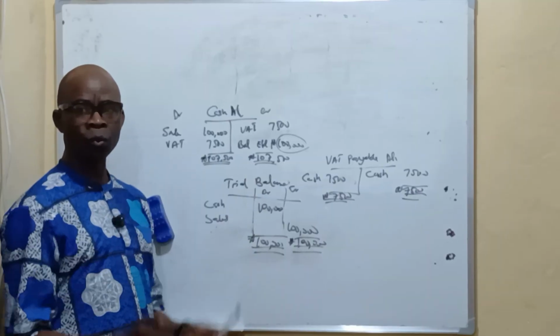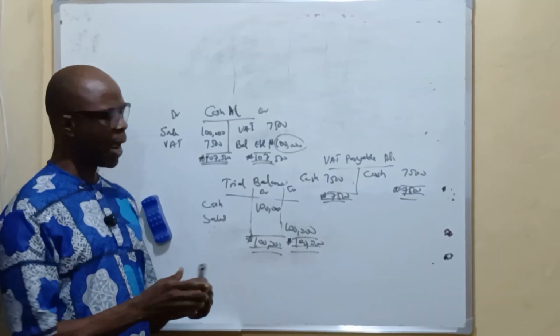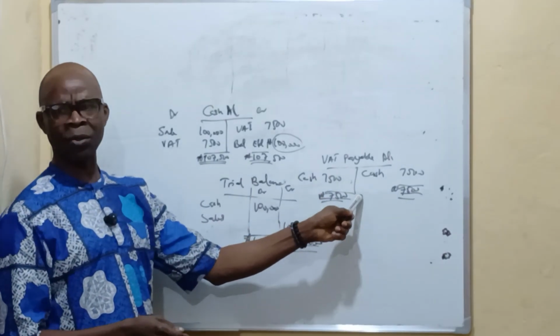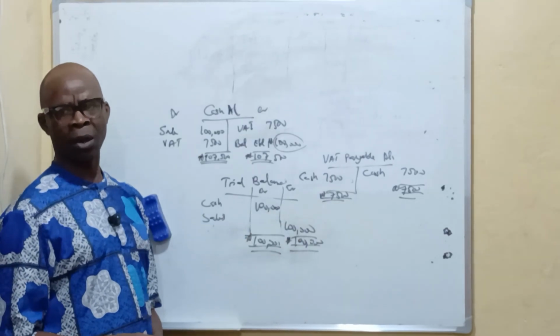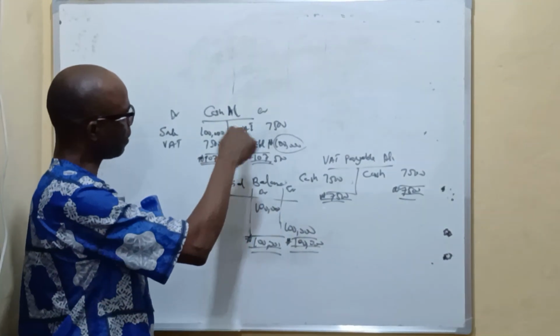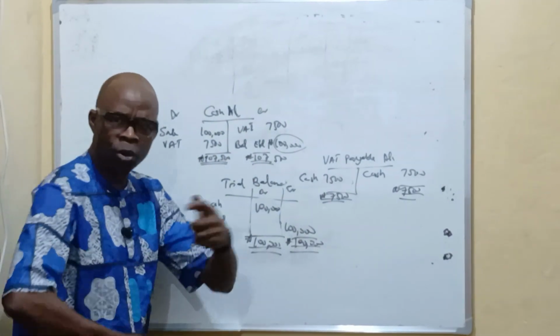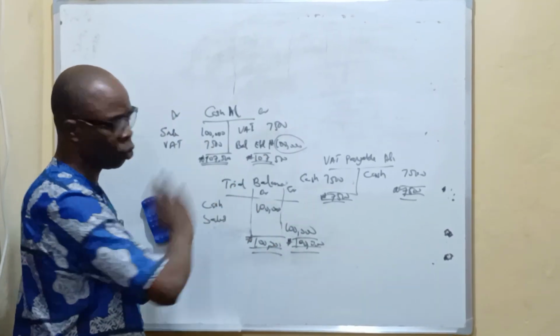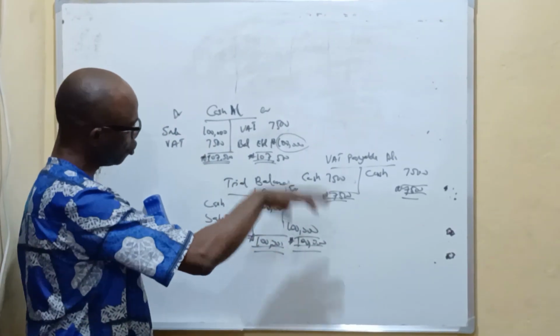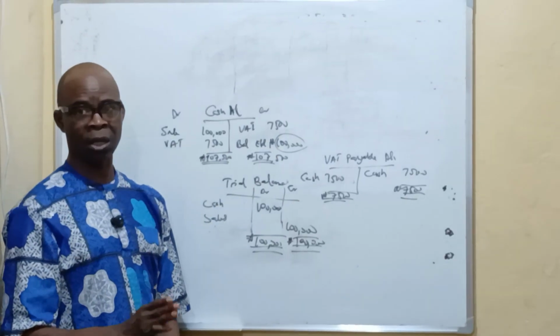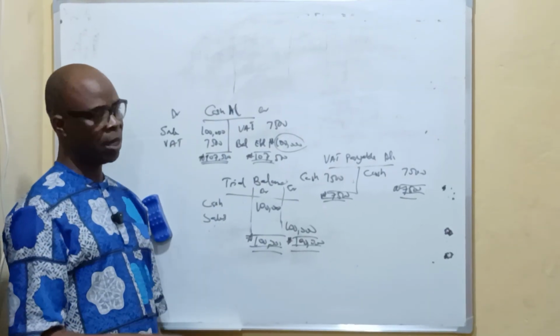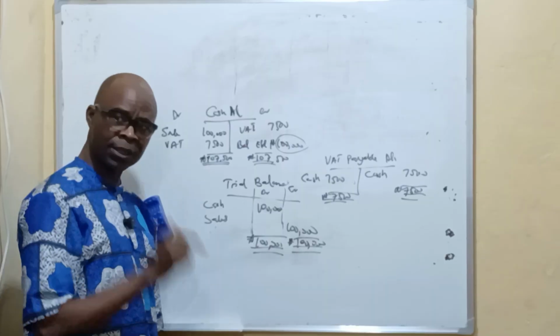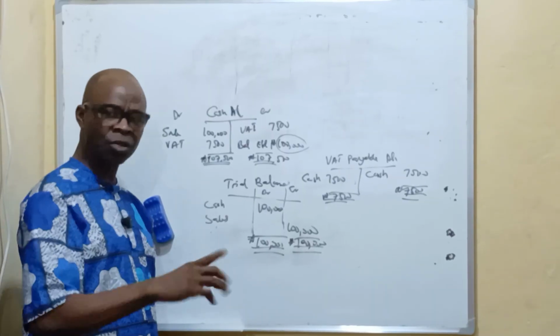Now, why is the VAT liability reduced? Because you are paying it. Why is the cash also reduced? Because money is leaving your hands. The important accounting rule you need to know is this: cash received from customer equals sales revenue plus tax collected.